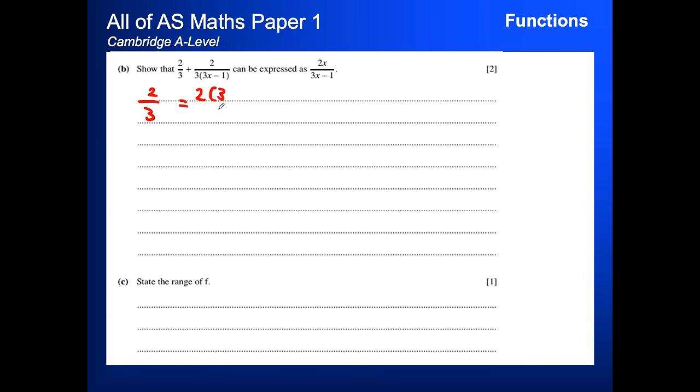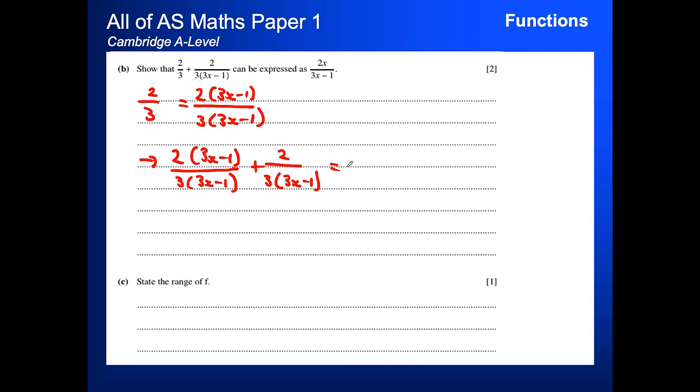So that gives me 2 lots of 3x minus 1 over 3 lots of 3x minus 1. Now the reason I did this is now I've got a common denominator, so I can add these together. So 2 lots of 3x minus 1 over 3 lots of 3x minus 1, plus 2 over 3 lots of 3x minus 1.